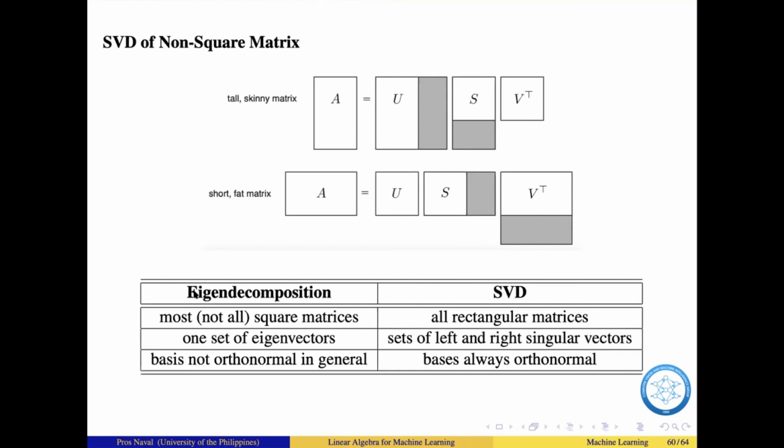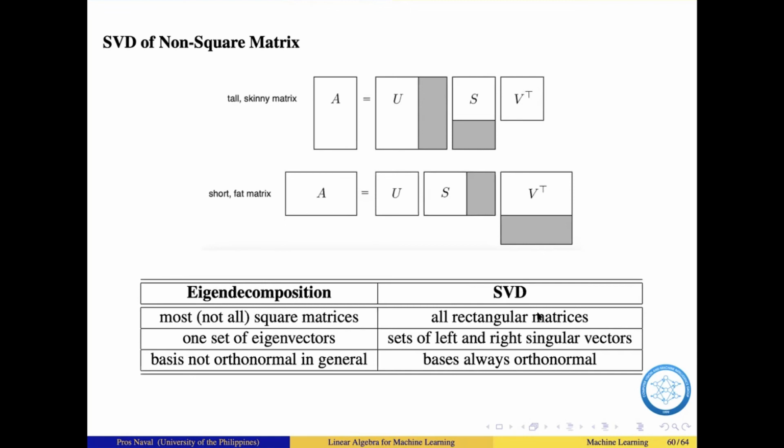So for eigen decomposition, most square matrices have an eigen decomposition. When I say most, I mean most, which means not all. Okay, some square matrices do not even have an eigen decomposition. While for SVD, all as in all rectangular matrices have a singular value decomposition.